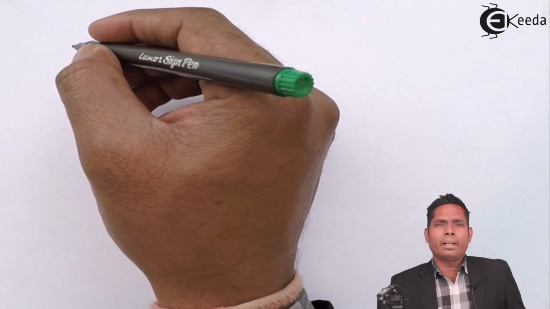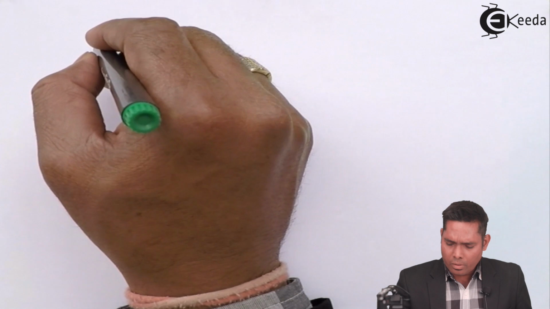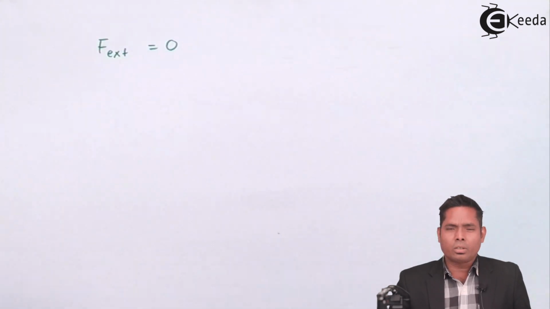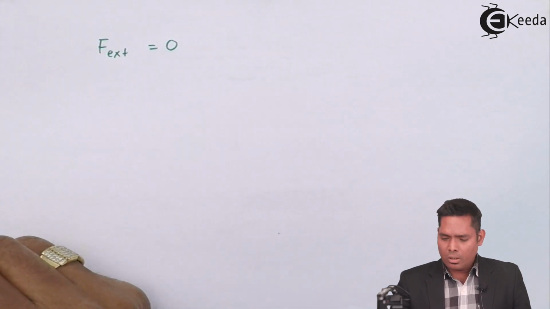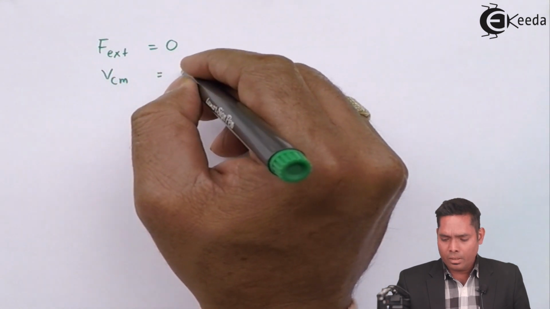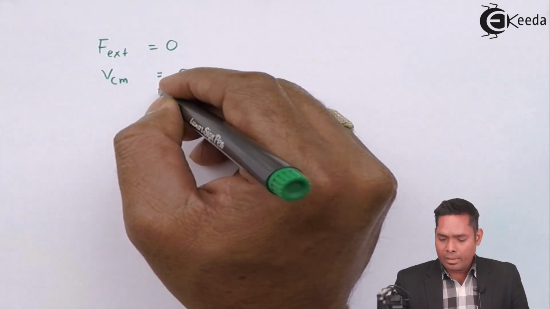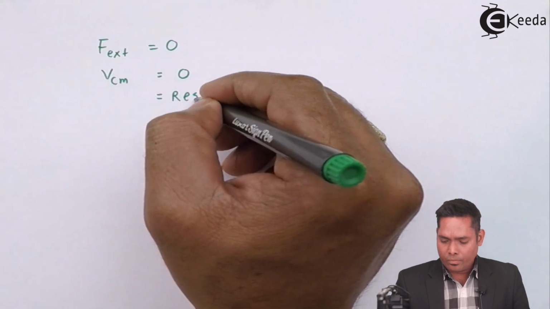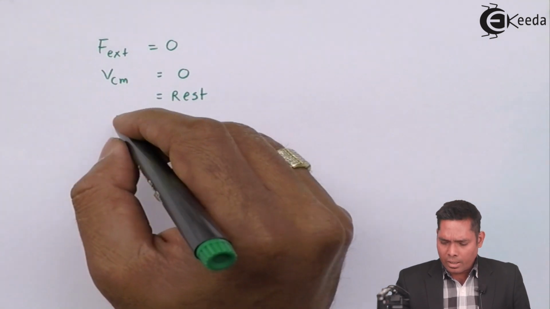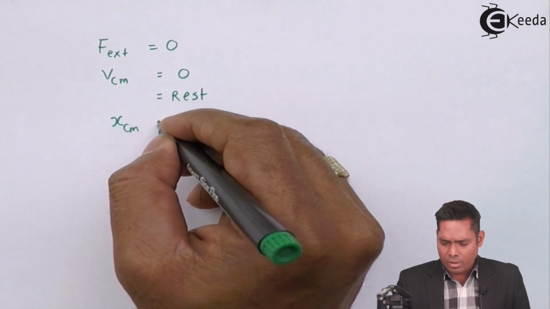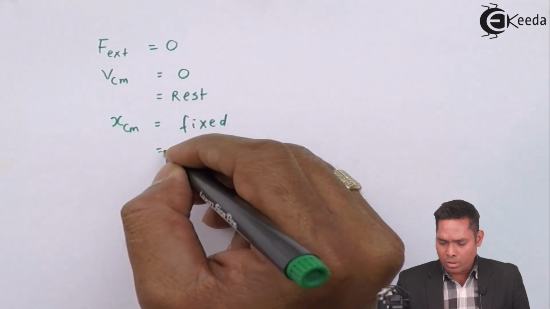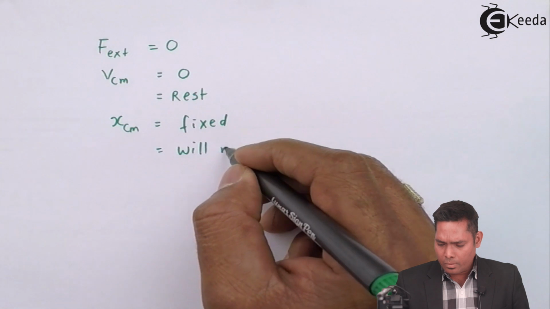Because there is no net external force, the velocity of the center of mass will be 0 and it is at rest. If the center of mass is at rest, then that XCM is fixed, means it will not move.